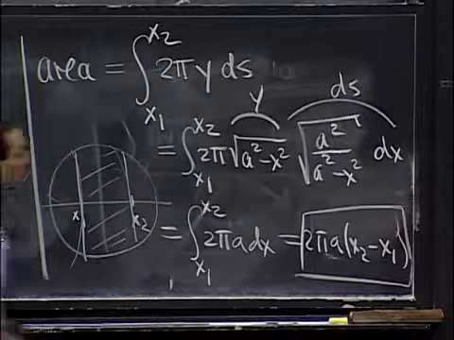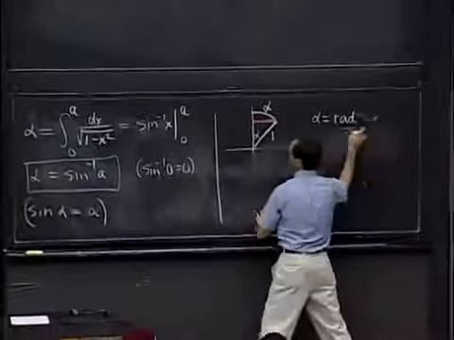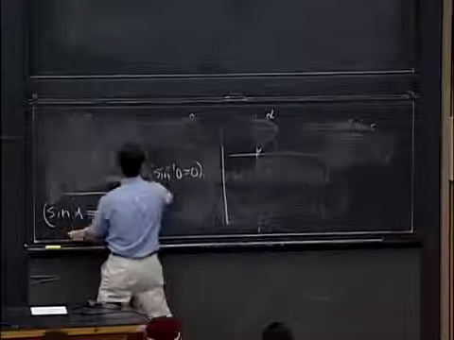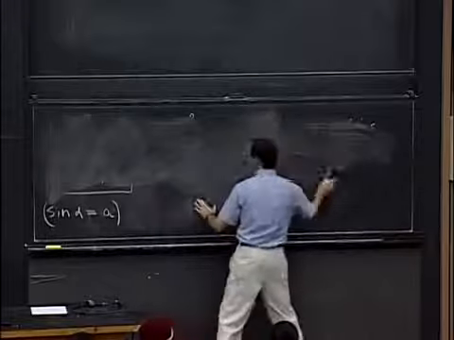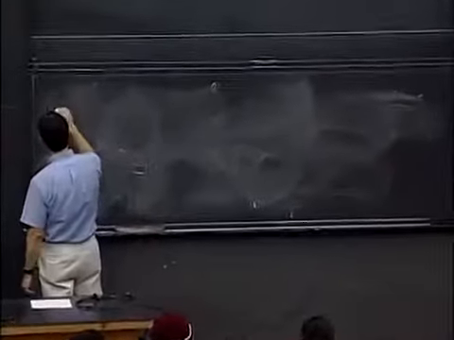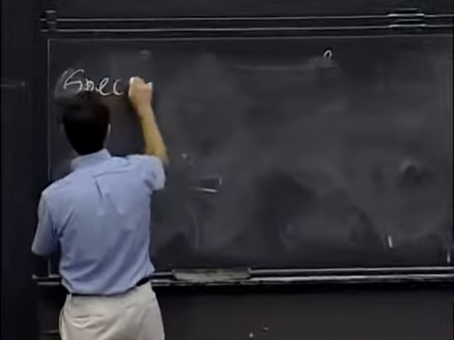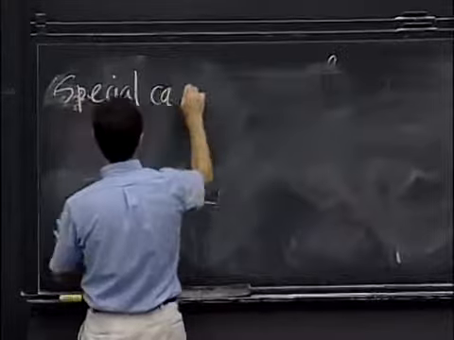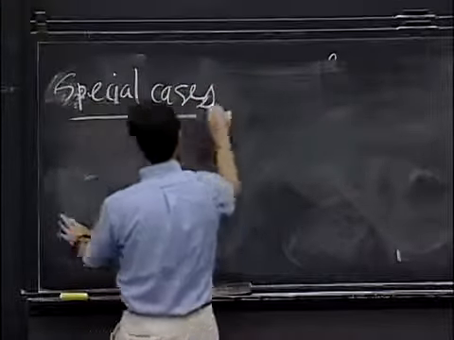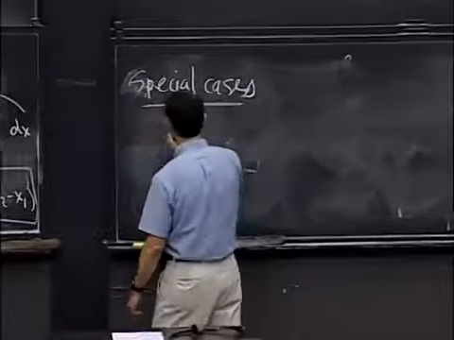All right, let's check this in a couple of examples and then see what it's saying geometrically a little bit. So one of the special cases that you should always check when you have a nice formula like this, really with anything, is to make sure that you've got the right answer.